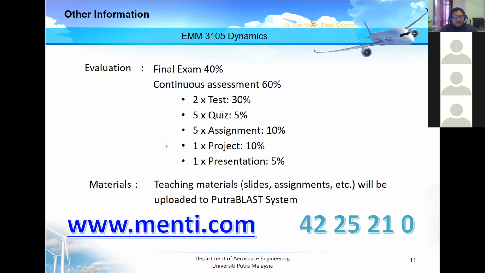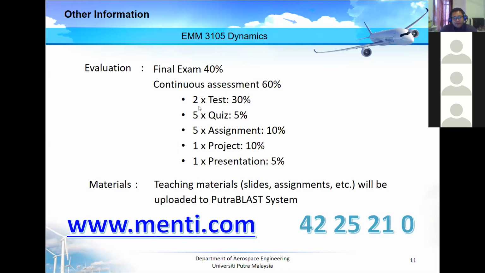Some of you might also want to know how your marks will be counted or evaluated. For this course, we have a final exam that will carry 40% of your total marks. Then the continuous assessment, during our 14 weeks starting from this week, will account for 60%.